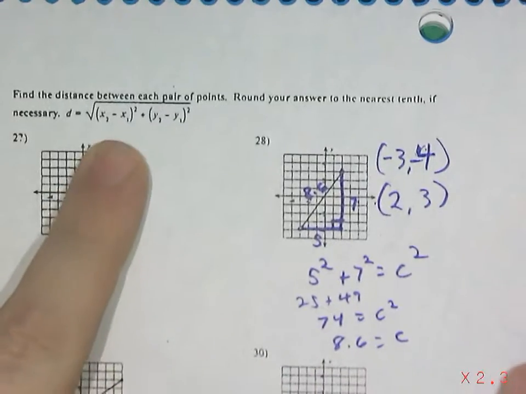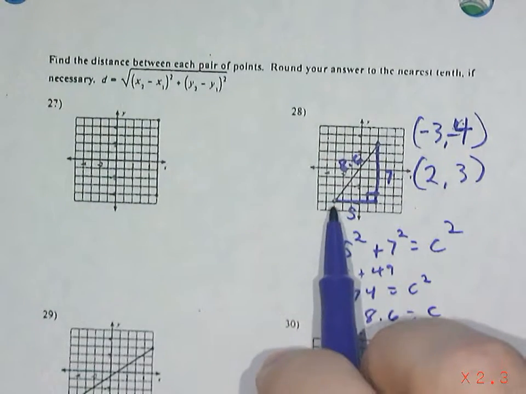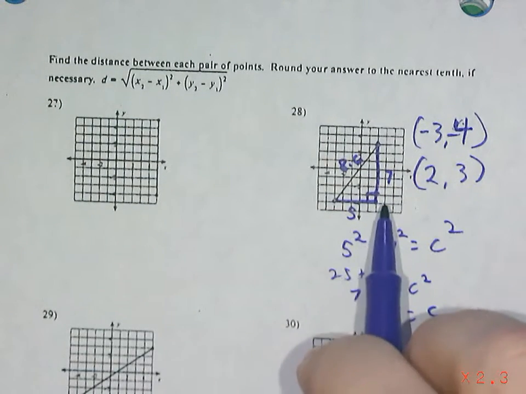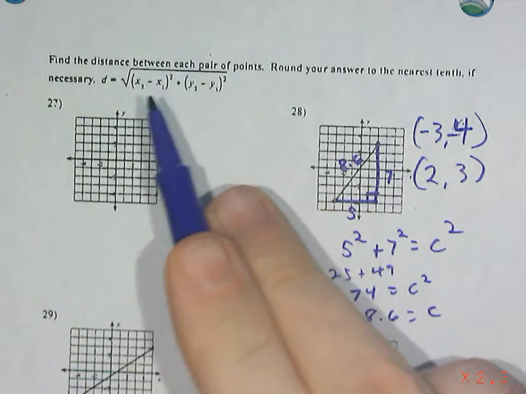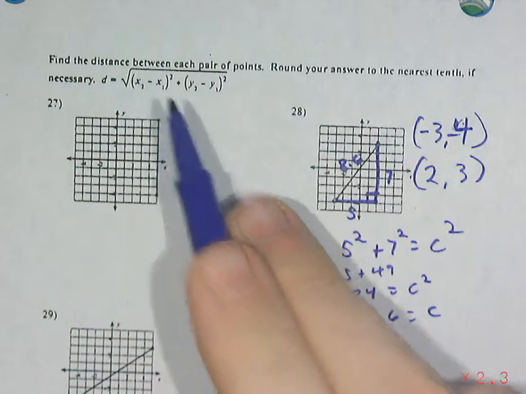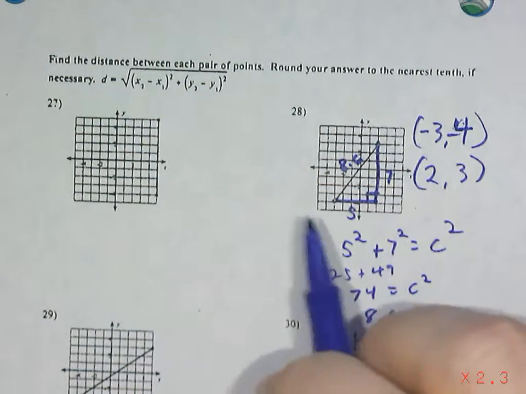So this is just a longer way of saying it, but what it does is take one of my x coordinates and subtract the other, and it gives me this first number here. So let's try it. If I take -3, it's x2 minus x1.